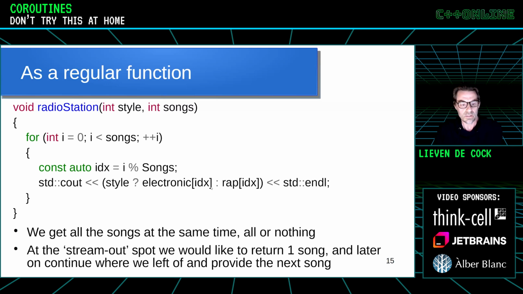Now, in this case, we will see that the function starts, does everything at once and then ends, meaning we get all songs at the same time. That's not what we want. So that's where the coroutine will help us and give us the behavior we want, because with a regular function, we don't get it.